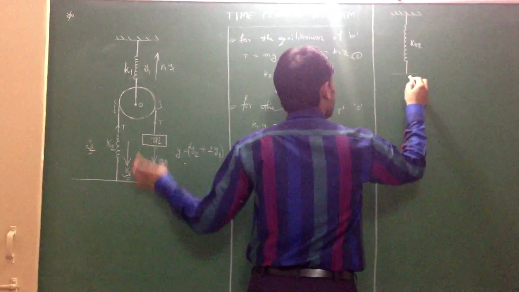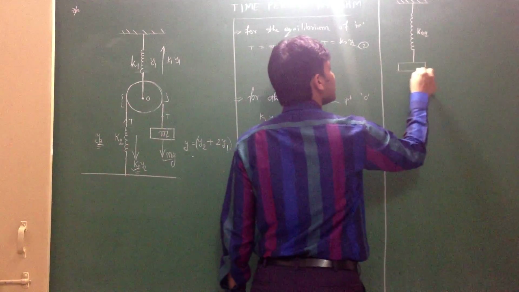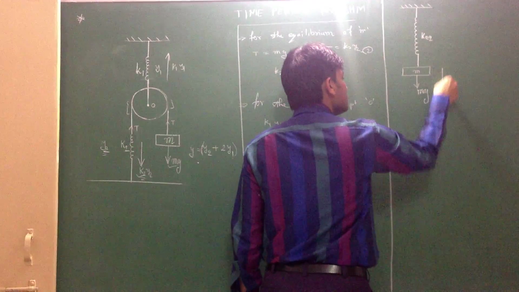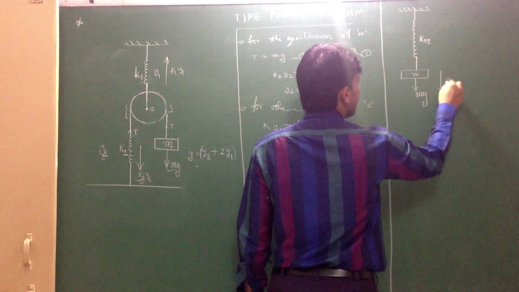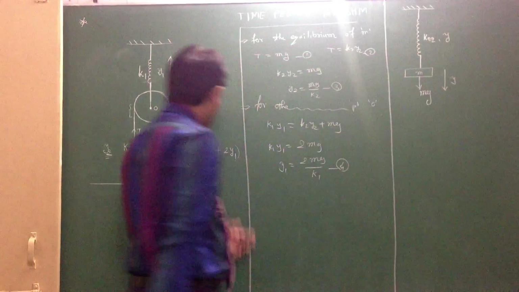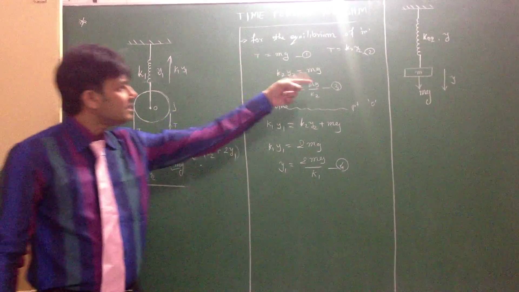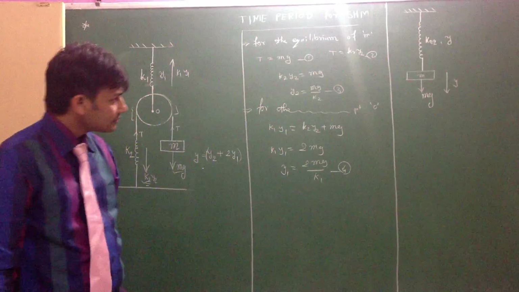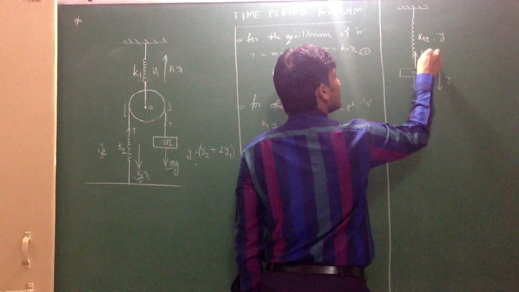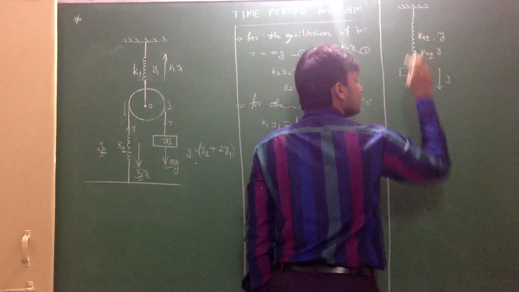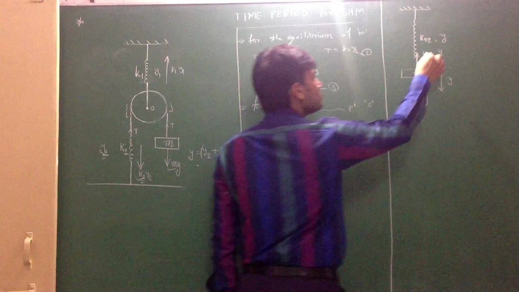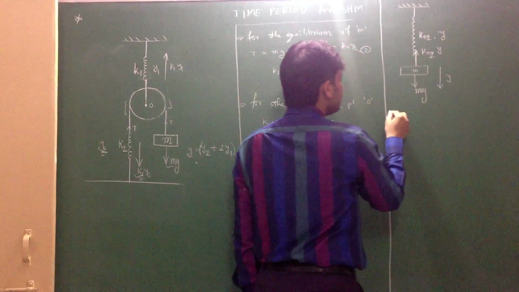The same mass m is suspended from it, and due to the same weight force, the displacement of the mass becomes y, extension in the spring becomes y, and this y is equal to this. Then only it is the equivalent spring. So the restoring force in the spring is Ky. This m is in equilibrium. So these two forces must be balancing each other.